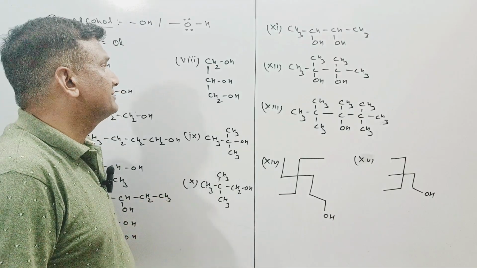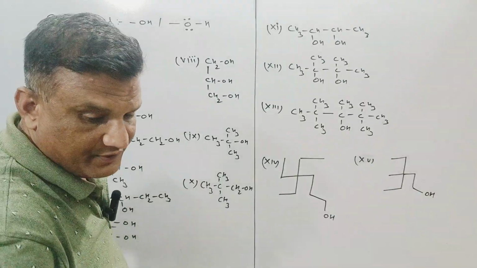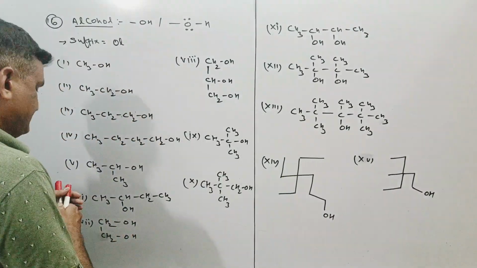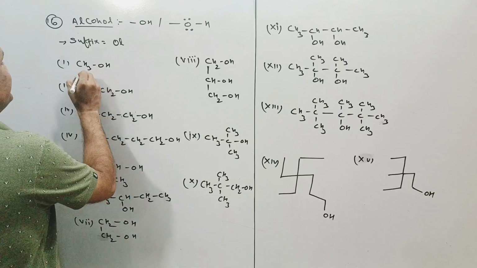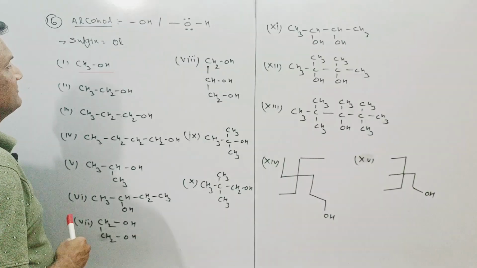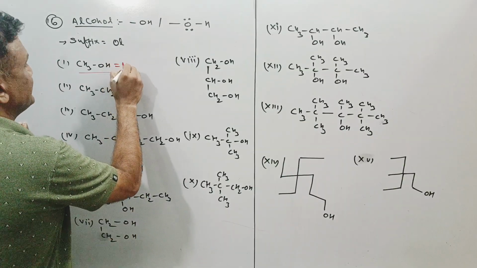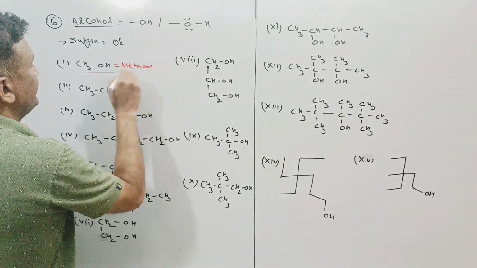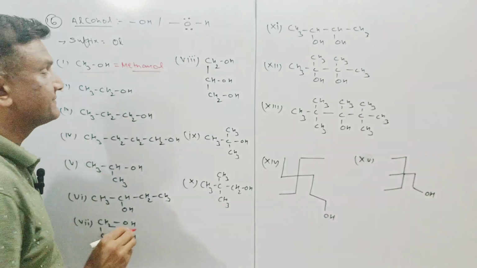Now I would like to go with the nomenclature. Regarding nomenclature, we use the following system. First of all, there is one carbon in the chain, so for one carbon we use meth. Due to the presence of a single bond, it will be -an, and OH is present, so -ol will be the suffix.